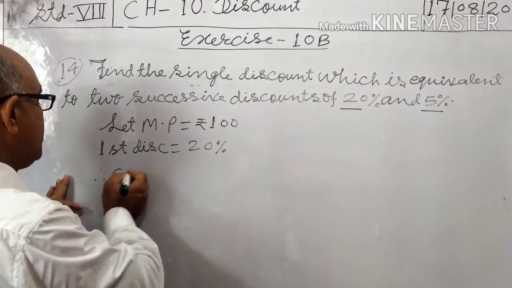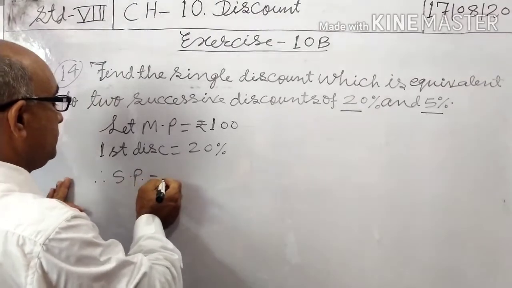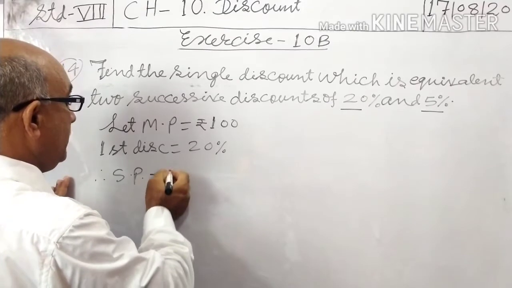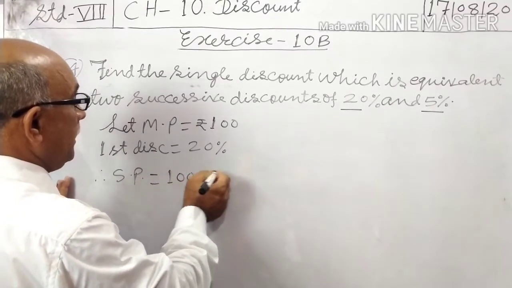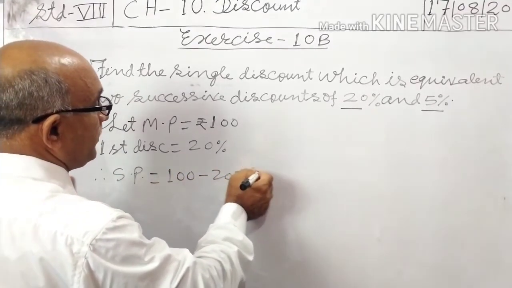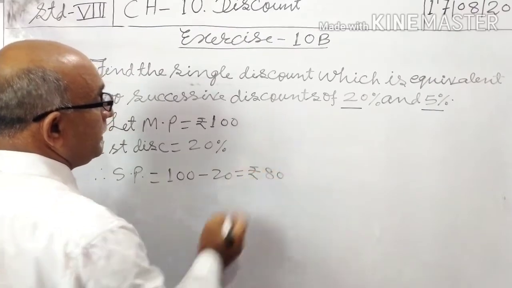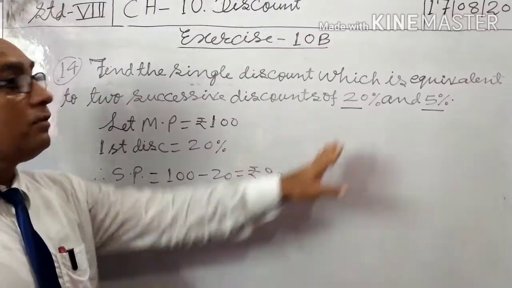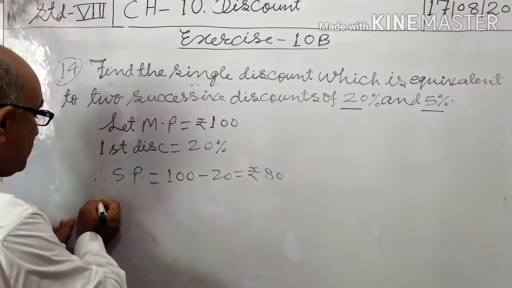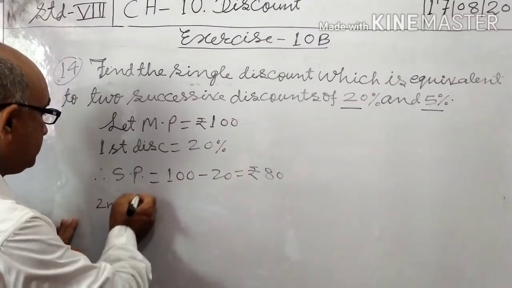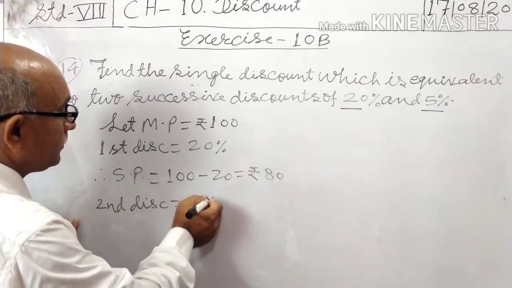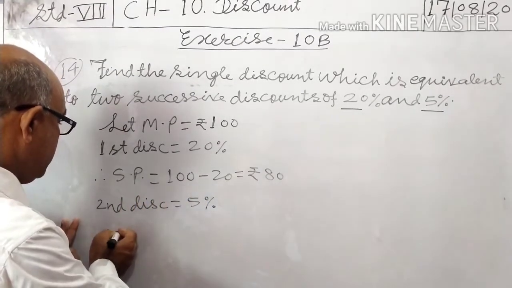So therefore SP equal to 100 minus 20 equal to rupees 80. Rupees 80 is the MP for second discount. So second discount equal to 5%.